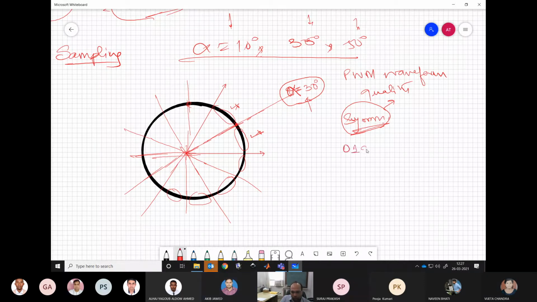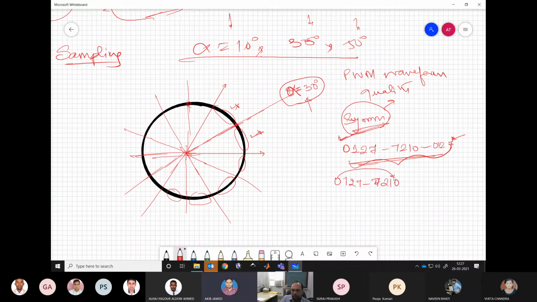Now for this sequence, because we are discussing conventional space vector PWM, always the count must be odd. Because we are starting with the 0 vector, we have to end with the next 0 vector. We cannot have something like 0 1 2 7 and then 7 2 1 0.